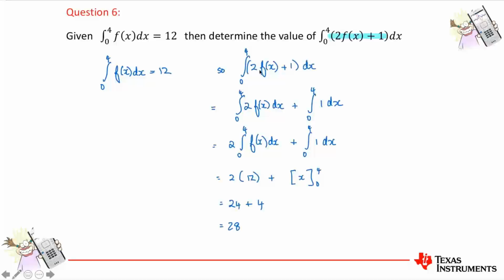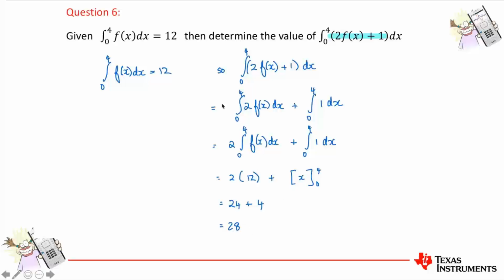In looking at 2f of x plus 1, I can take the 2 out to the front, in front of the integral sign, and essentially I've got twice the integral of f of x from 0 to 4, which I can substitute for 12. The integral of 1 is x, and the answer then is 28.